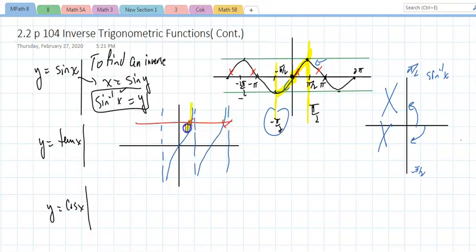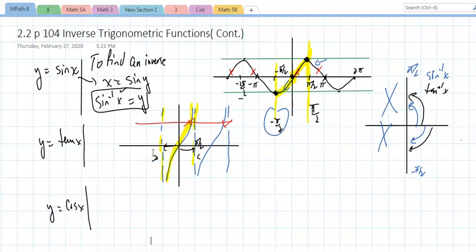So at most I could do one cycle, meaning this was pi over 2, hey, it matches. And this is -pi over 2, it matches. So inverse tangent works as well. Inverse sine could use pi over 2 and -pi over 2, but inverse tangent can't because those are asymptotes.